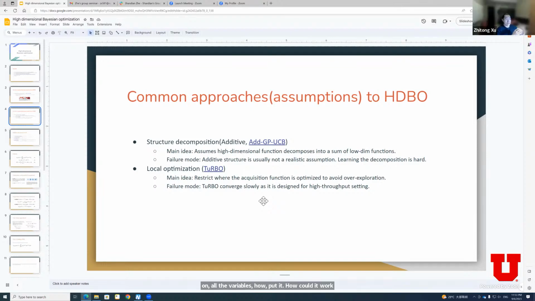If it's still based on all the variables, how could it work? I read a paper where they put in a small region and collect more data, so they don't over explore the other parts. They only optimize a certain area, like a certain sphere, with all dimensions. But they always use the GP, restricting the space, not the input dimension.